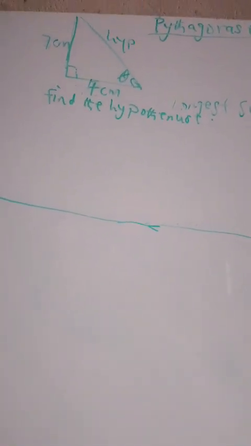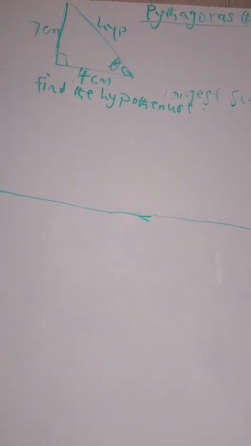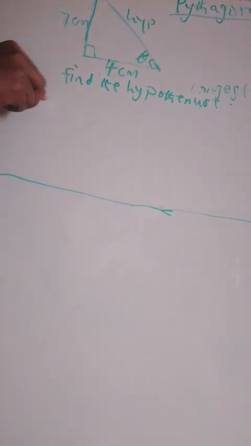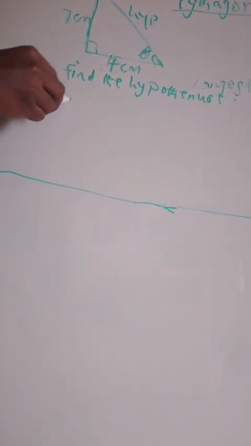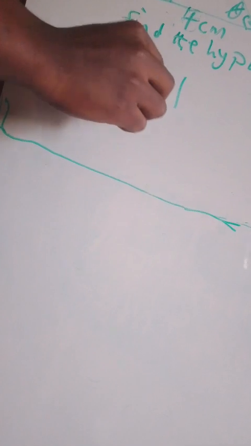So guys, this is example 3, and here we have different numbers. Here we have 7 cm and we have 4 cm. So let's remember step 1, which is to add. Here we have 7, so we just write 7 times 7. Are you following? Then plus, we are using plus because we are finding the longest side.